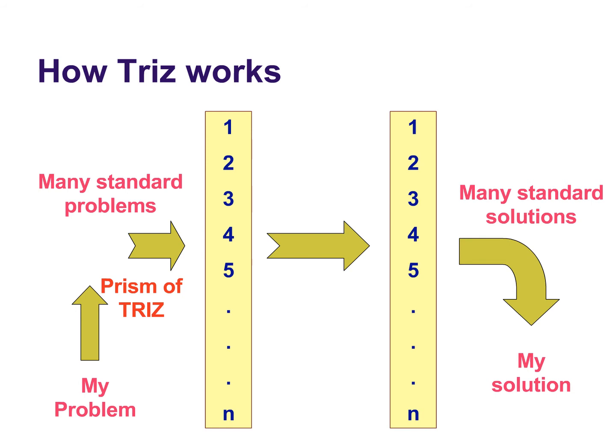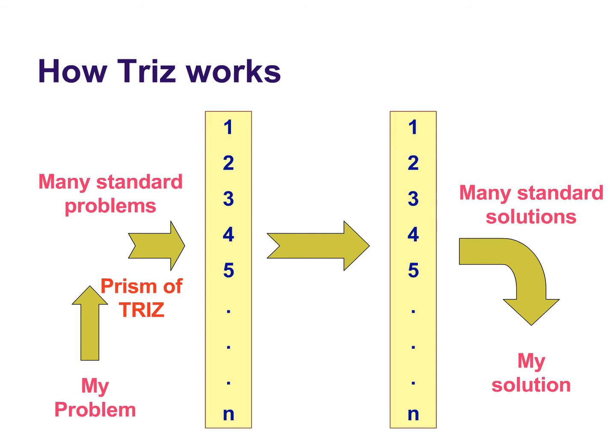Trees works like this. From the left-hand side, you have your problem. Assuming this is my problem. From the prism of Trees: decompose the problem into many standard problems, like the sunlight through a prism, it comes out with 7 different colors. Then each standard problem has its standard solution.